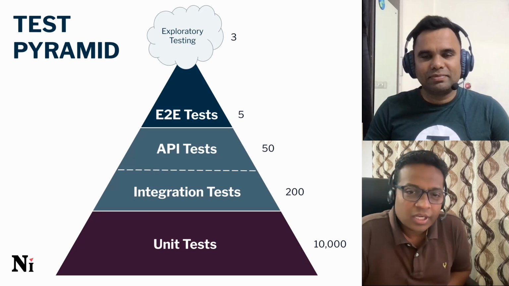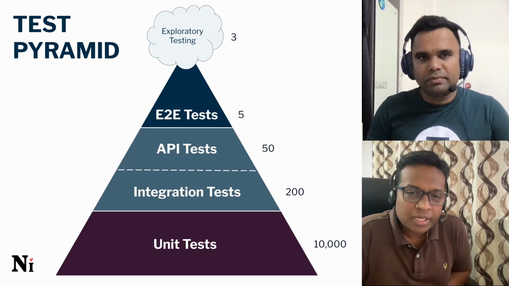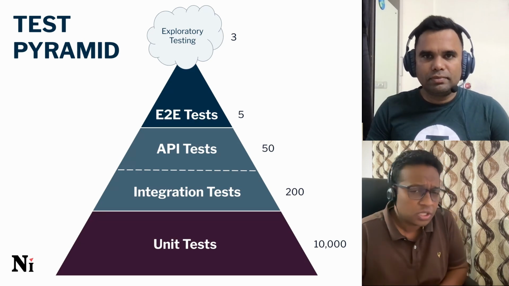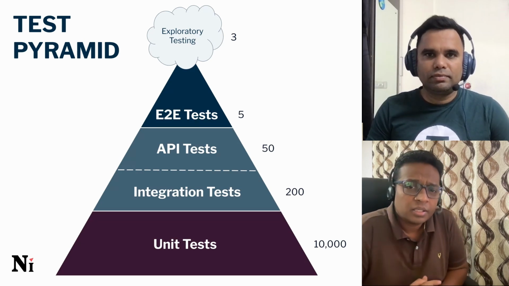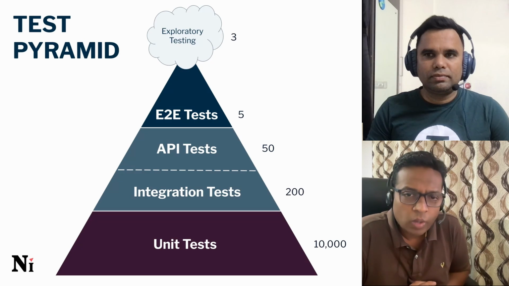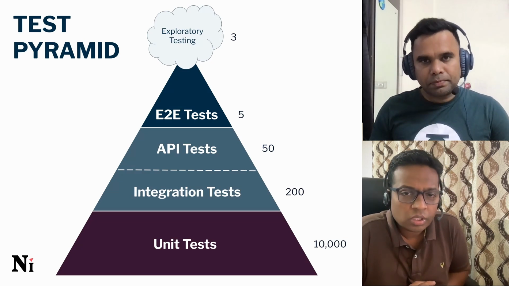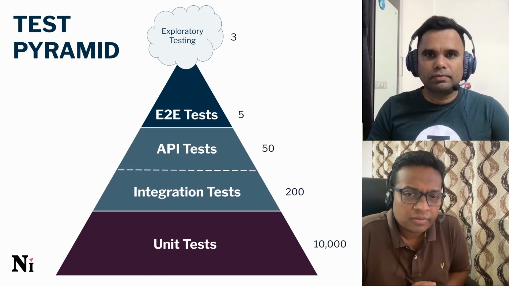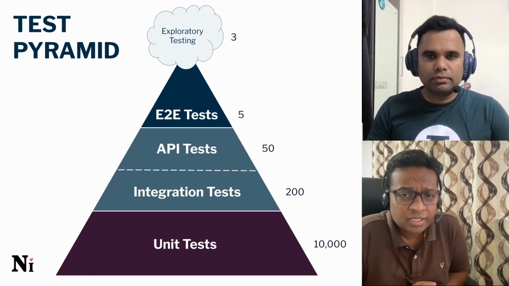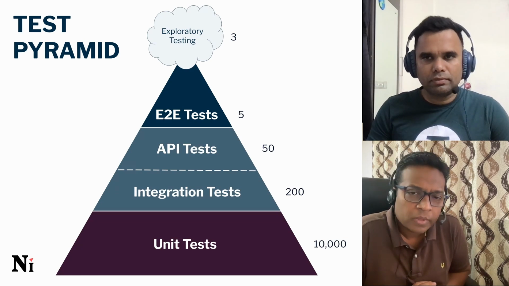So today we are going to continue our conversation about test pyramids. We spoke in the previous episodes about this picture, about how a test pyramid should look and why in your entire test suite you want a lot more unit tests and fewer tests on the upper layers of this pyramid.